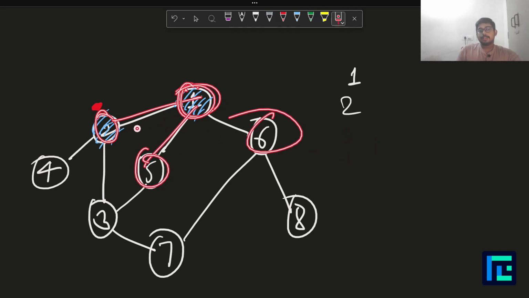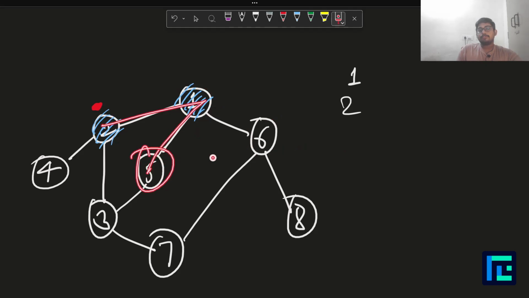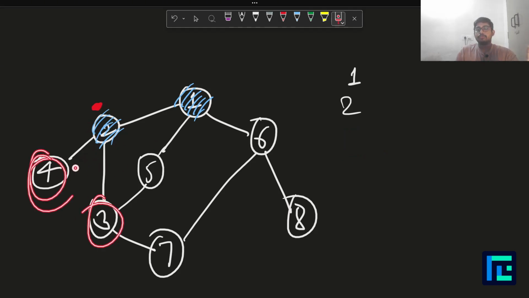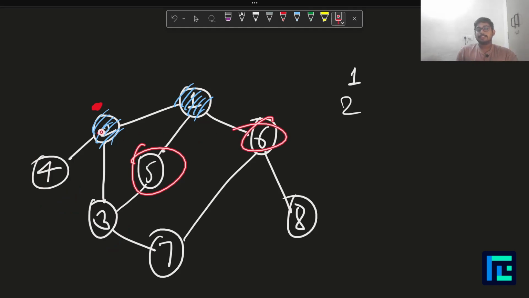So if you go back to 1 and then move to 5, you would have a 5 noted down next. Or you can move back to 1 and move to 6, and have a 6 noted down. So the third number in the sequence can come from the values adjacent to 2 as well as the values adjacent to 1. You can also pick those values next by moving back to 1 and then moving to them.